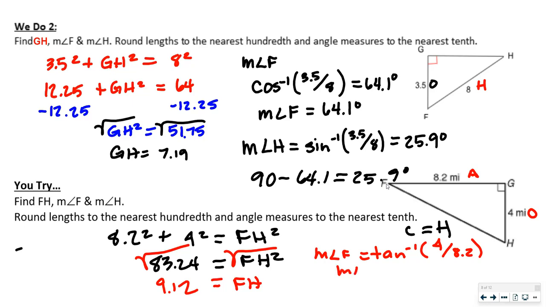Go ahead and do that in your calculator. The measure of angle F was 26 degrees, right? Now remember, we can do the inverse tangent of 8.2 over 4 to find the measure of angle H, or we can do 90 minus the 26, and that's going to be equal to 64 degrees, right?